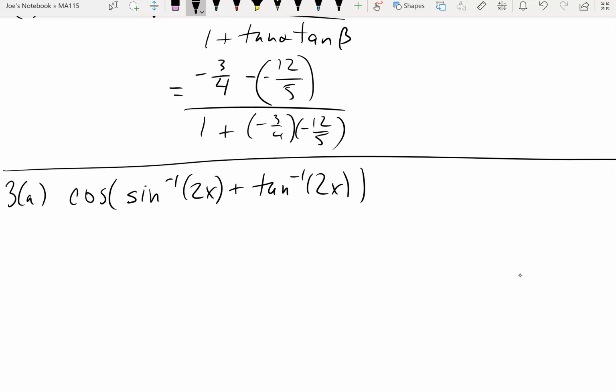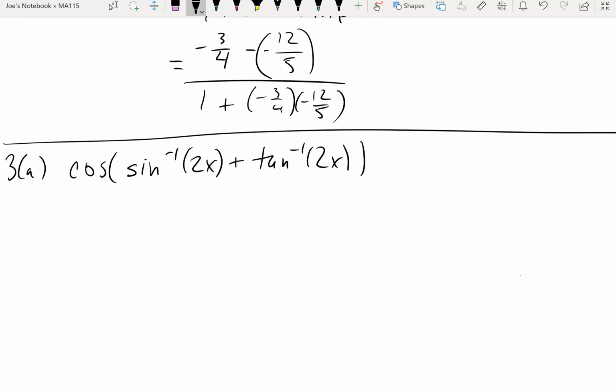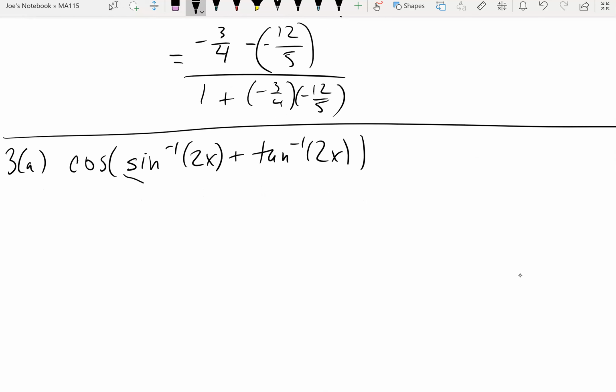Remember that when we think about the inverse trig functions, we put in a value and we get out an angle, right? So I can think of this inverse sine here as my alpha. I can think of this inverse tangent here as my beta.